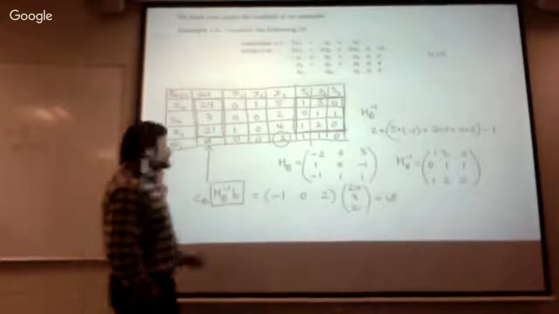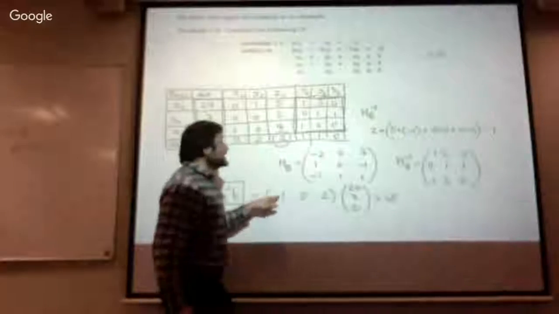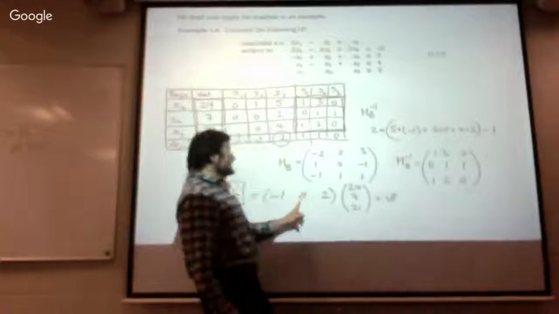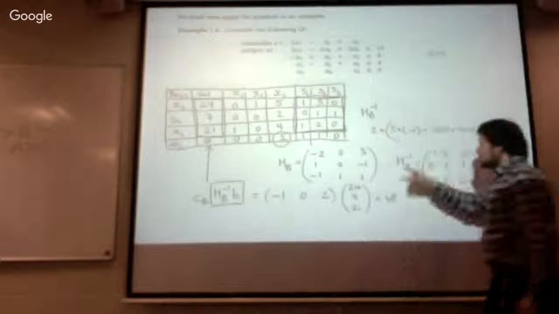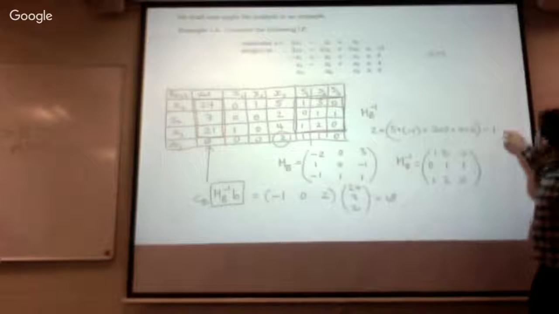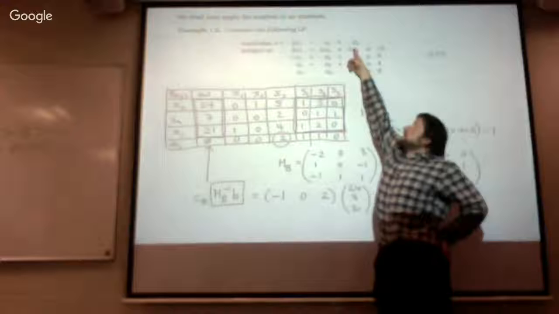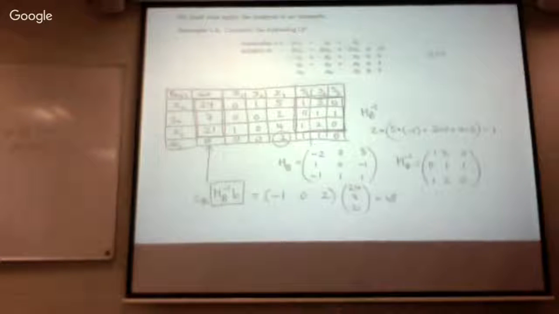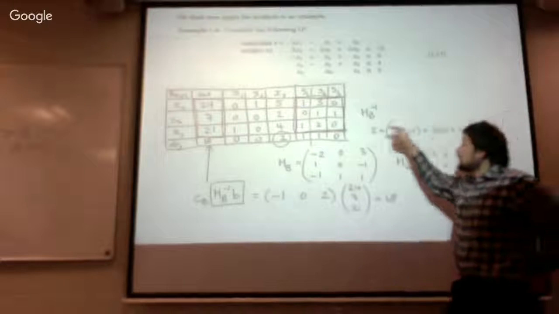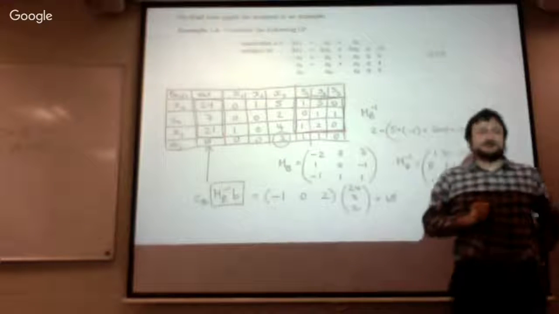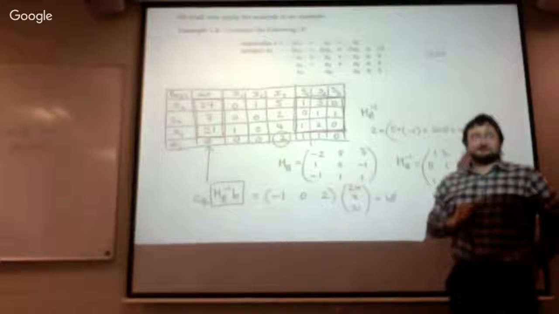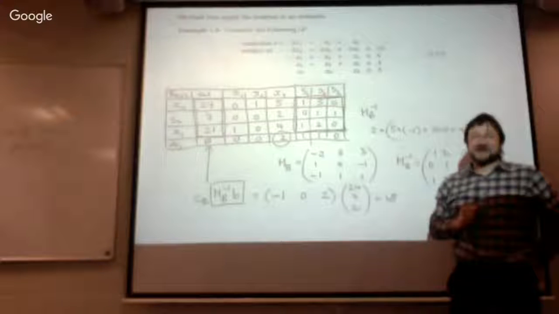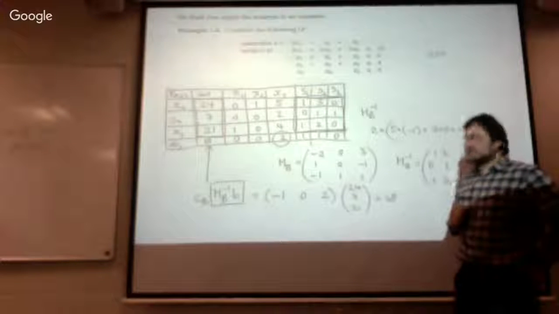Where do they come from? Well, -1 comes from here, 0 comes from here, 2 comes from here, -1 comes from there, and 5, 2, and 4 come from here. Magic. I hope it's correct.